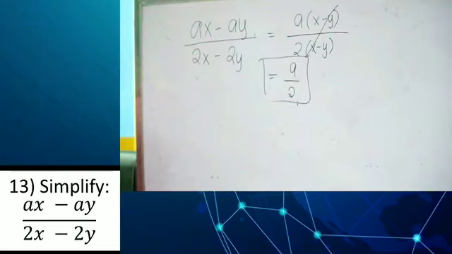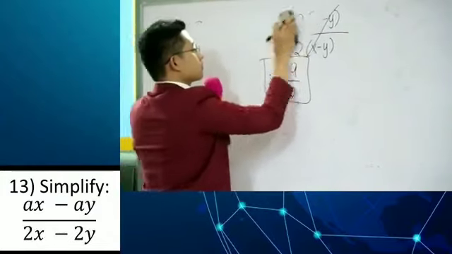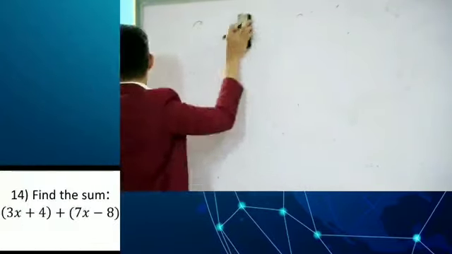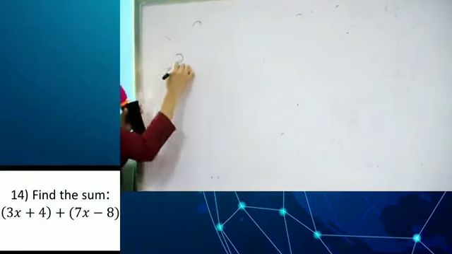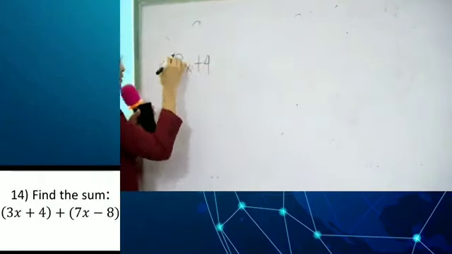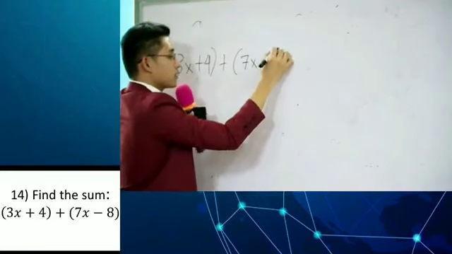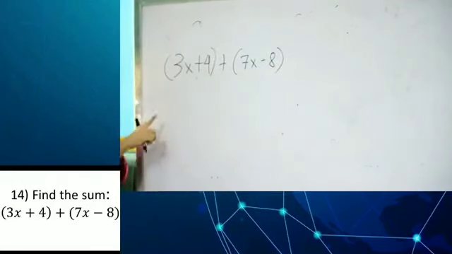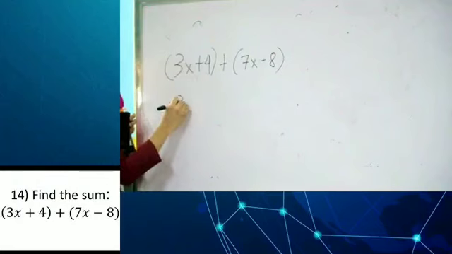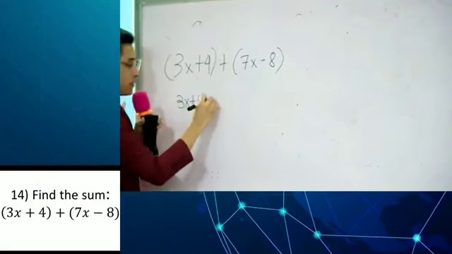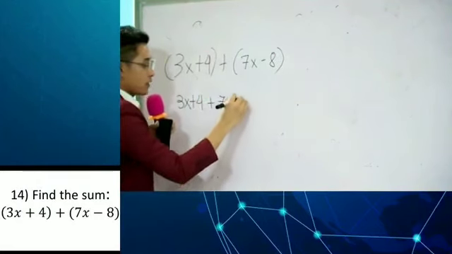So, find the sum of 3x plus 4 plus quantity 7x minus 8. So, 3x plus 4 plus quantity 7x minus 8. Okay. So, pwede nyo namang tanggalin muna yung parenthesis. So, 3x plus 4 plus 7x minus 8.